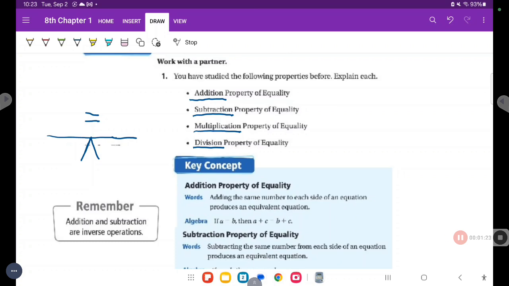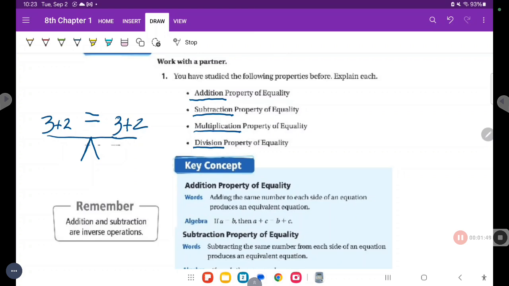Okay, so if I have a 3 over here and a 3 over here, right now it's balanced because there's 3 on each side. But if I were to add 2 to this side, now it's unbalanced, right? So to keep it balanced, I have to add the same amount to the other side so that it stays balanced.